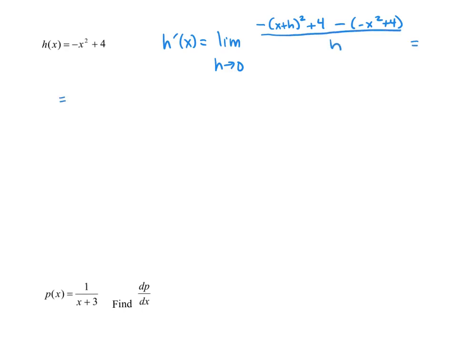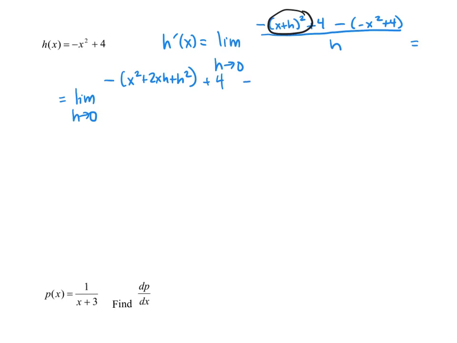And then we have to simplify this. So this becomes the limit as h goes to 0 of negative x squared plus 2xh plus h squared. Hopefully you remember the expansion of this, x plus h, x plus h foiled. If not, you can certainly take your time to do that. But there is a minus out in front, so that will be important.